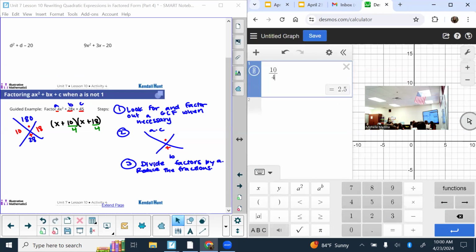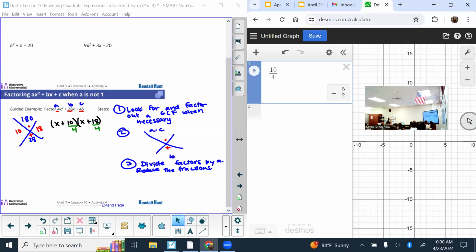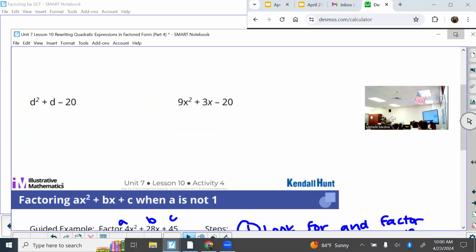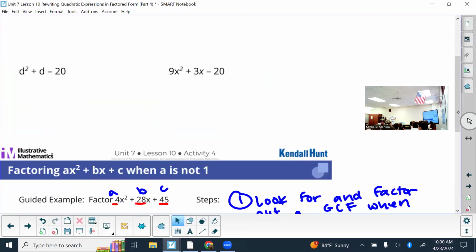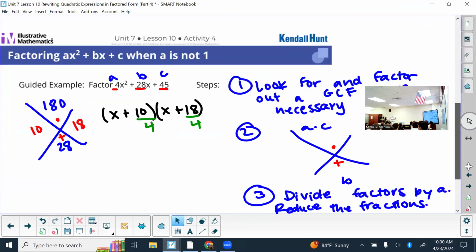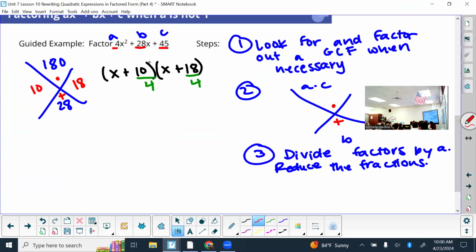It'll give you a decimal, but if you just press this button, it'll give you the simplified fraction. Otherwise, you're thinking of what do these numbers share, what divides evenly into both of them, and then reducing that way, or just use the calculator. I don't really care either way, but you need to be able to reduce the fraction. If it reduces to a whole number, then great.